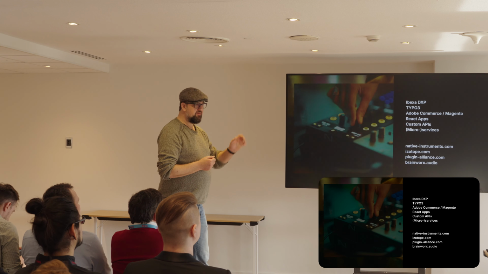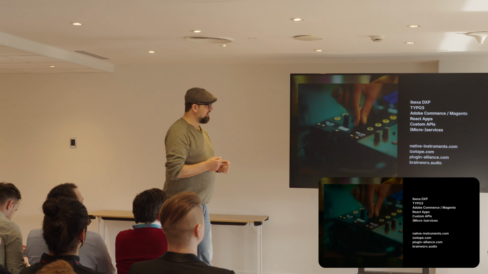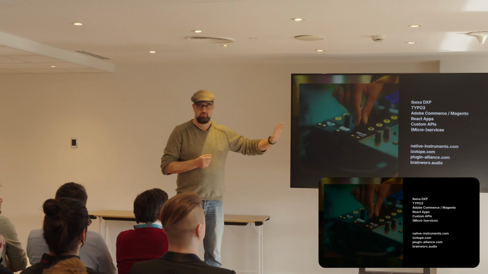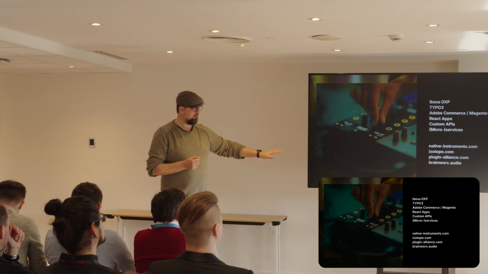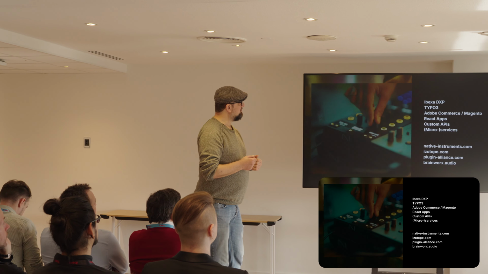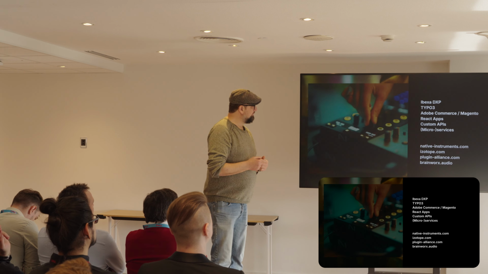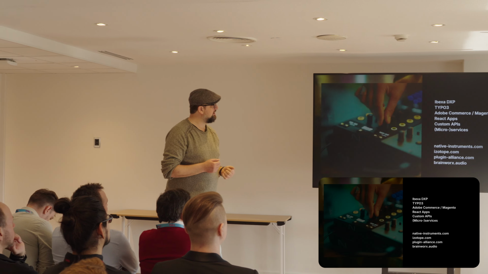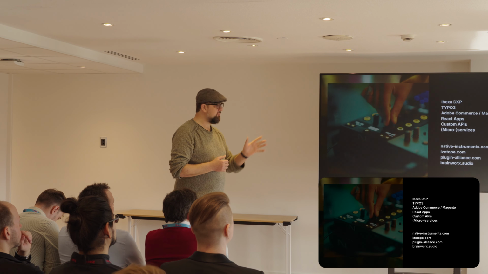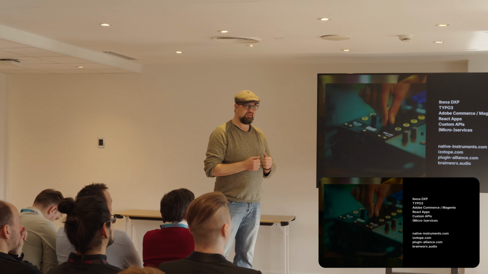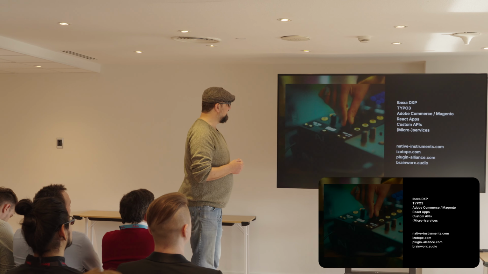And we have a bunch of custom APIs going to backends. There are a couple of systems in the backend that are connected. And then these are basically the services. I wouldn't call them microservices. It's more like a service architecture.